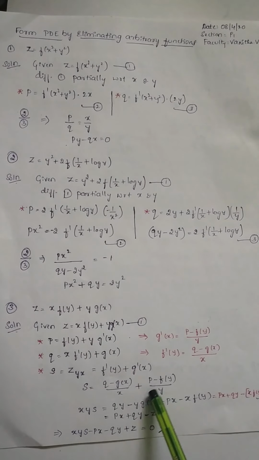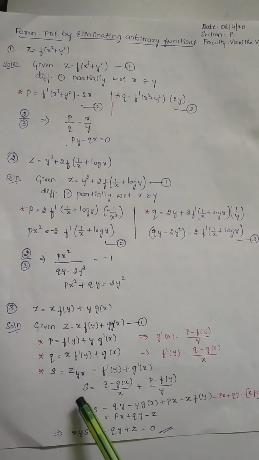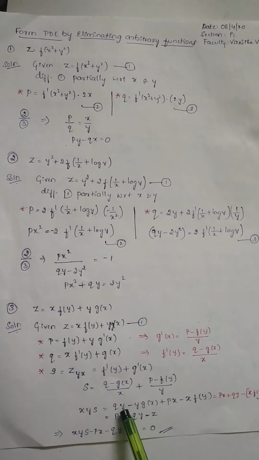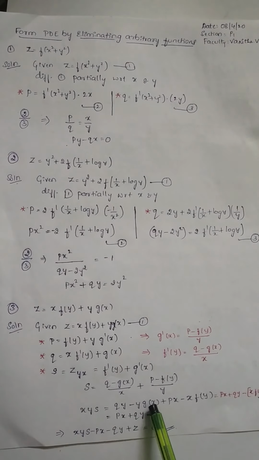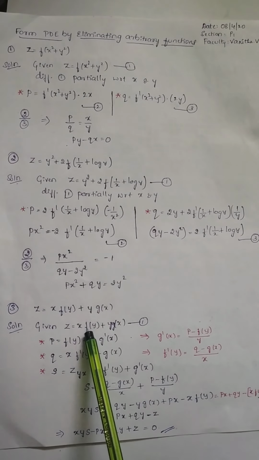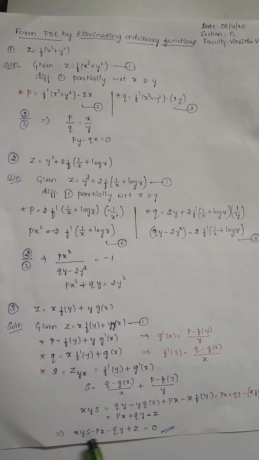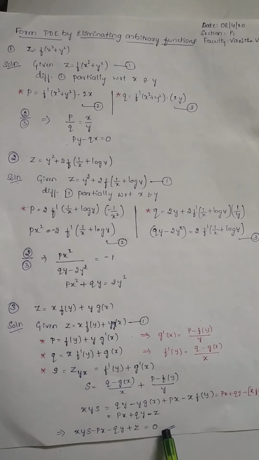So after substitution, take LCM, cross multiply this xy to left hand side, and in the RHS write px as it is, qy as it is, and in second term and fourth term you take minus common, so the terms inside the bracket will be z. Okay, so x into f of y plus y into g of x. So totally it will be in the RHS px plus qy minus z. So on transposing these terms to left hand side, you will get the PDE.